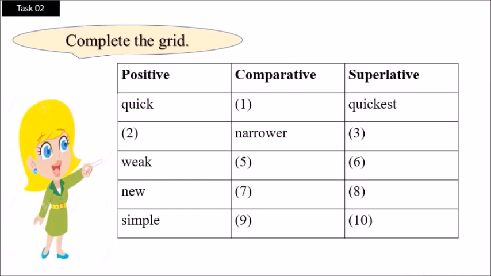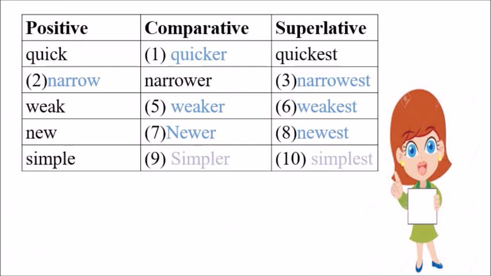Quick, blank, quickest. Blank, narrower, blank. Weak, blank, blank. Near, blank, blank. Simple, blank, blank. Have you finished?